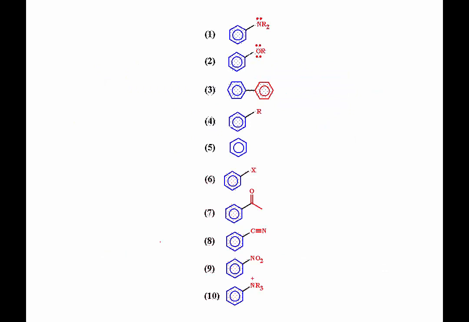I need to go from number 1 to number 10, because that then gives me the groups in their most activating order. So whichever group is the highest on this list wins.